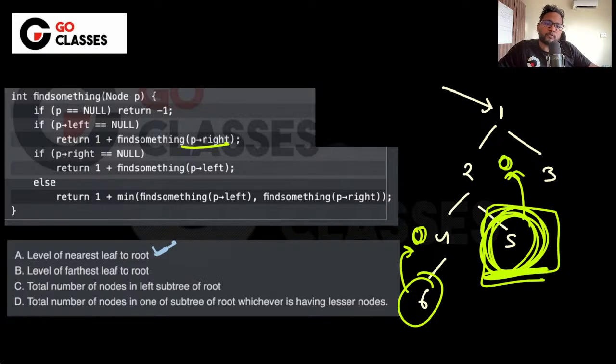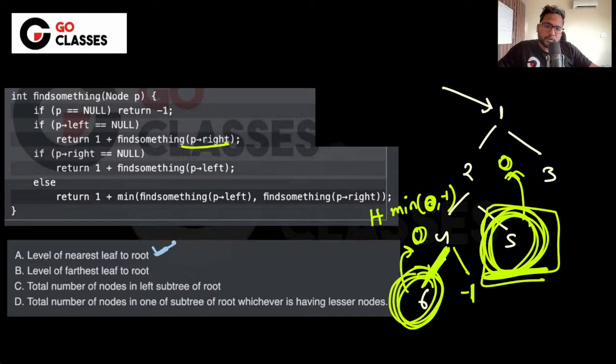Then what should this 4 be returning? It should be returning 1 plus the minimum of left and right. What is left returning? 0. And what will right return? If this is null, then -1 will be returned, right? So right will be returning -1 and left will be returning 0.